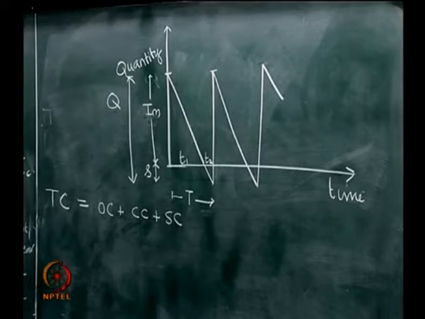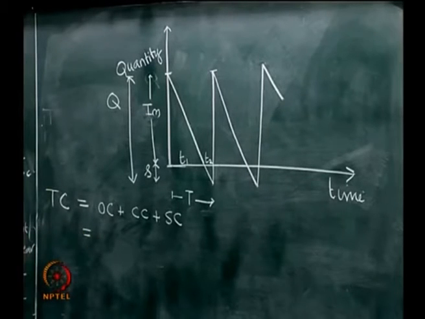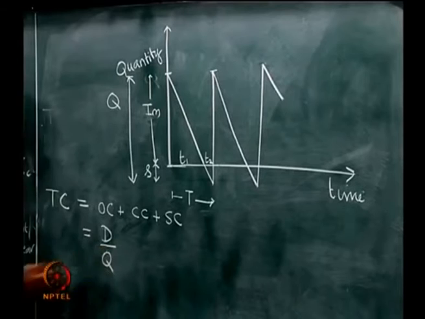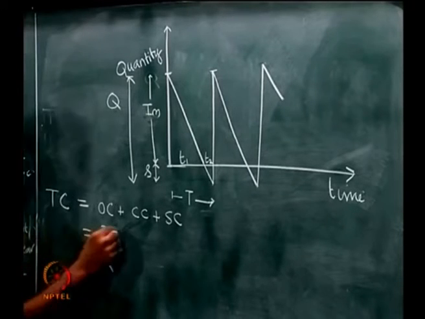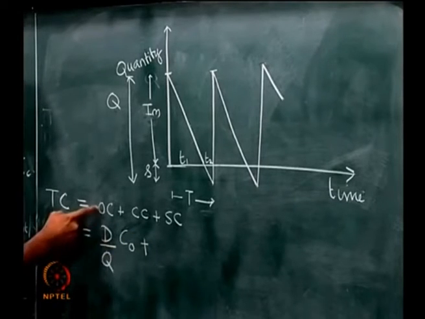We had 2 costs in the earlier model. So if D is the annual demand and Q is the quantity that we order, the number of orders per year will be D by Q, like we did in the previous model. The order cost or cost per order is C naught. So D by Q into C naught is our total order cost per year.